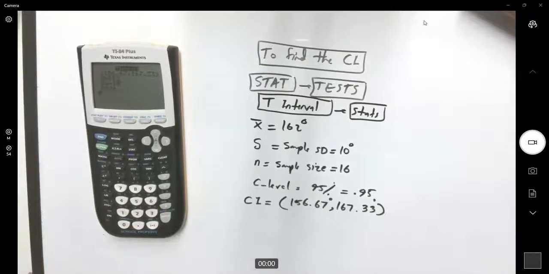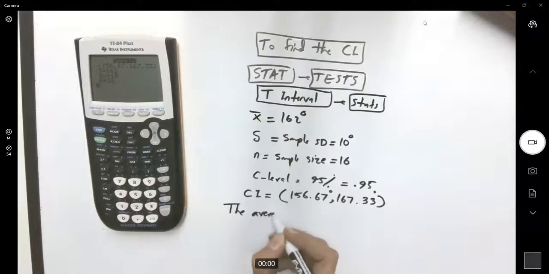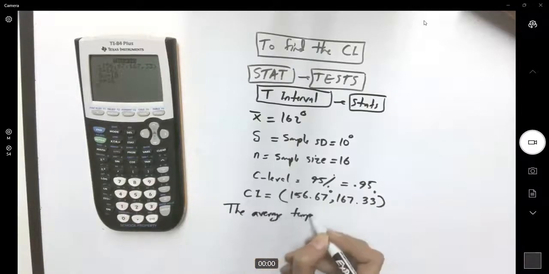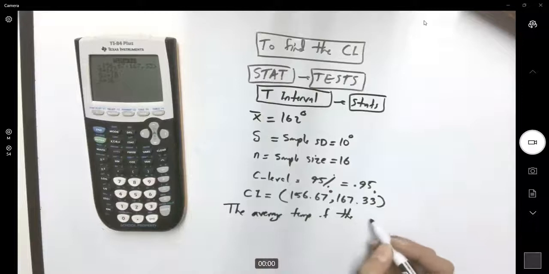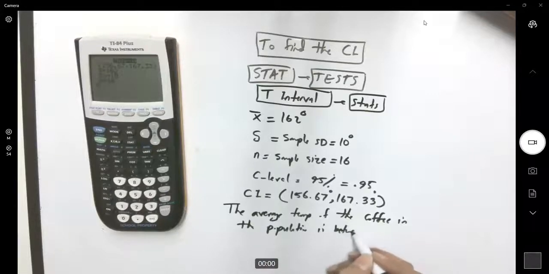So it means that the average temperature of coffee in the population is between 156.67 degrees and 167.33 degrees.